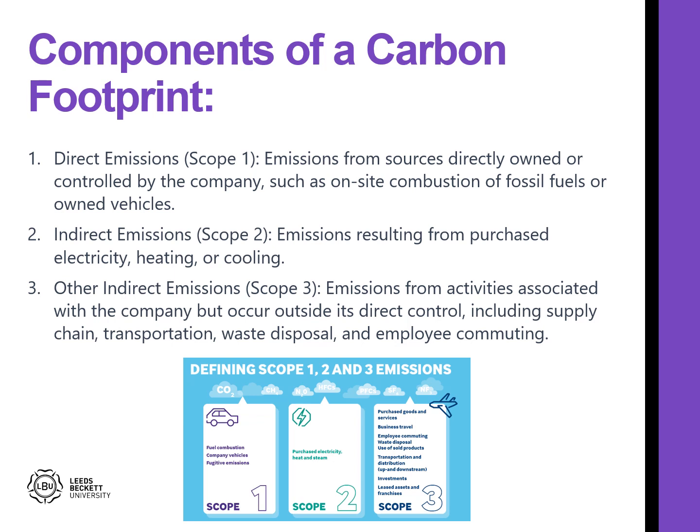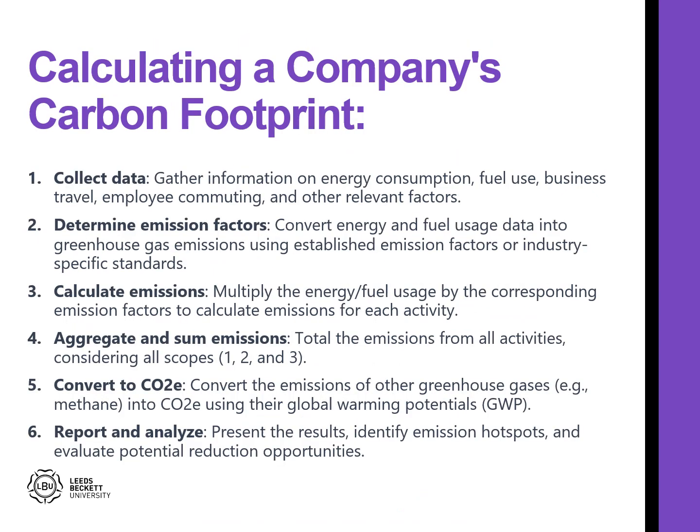Scope 2 is indirect emissions resulting from purchased electricity, say, or heating or cooling. And then we've got scope 3, which is other indirect emissions from activities associated with a company but occurring outside its direct control, including supply chain, transportation, waste disposal, and employee commuting. So there are three main scopes that we look at.